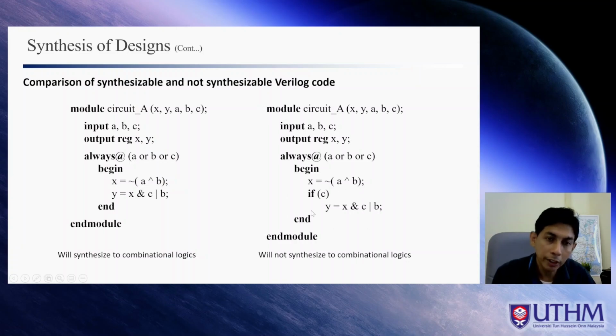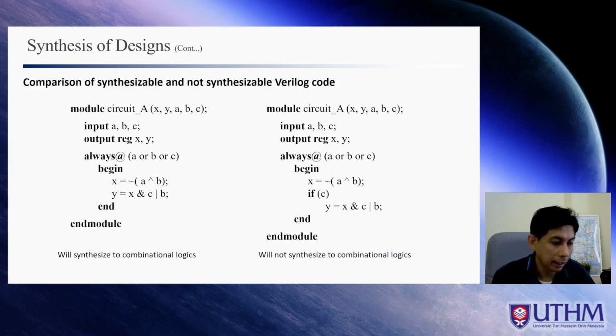Previously, I said that if you use an if statement, it will create a combinational circuit at least, right? But you need to beware of using if. For example, in this case, if c equal to 1, y equal to this, but you do not state what happens if c equal to 0, the else statement. This is not wrong, but this will not be synthesized into a combinational circuit.